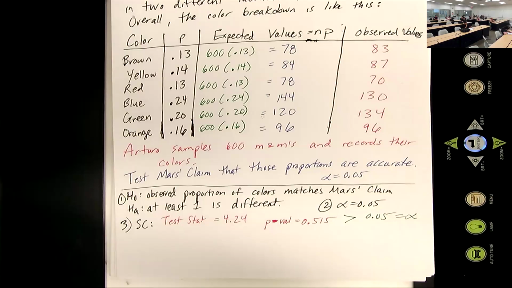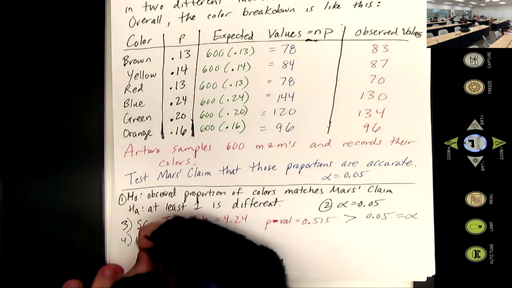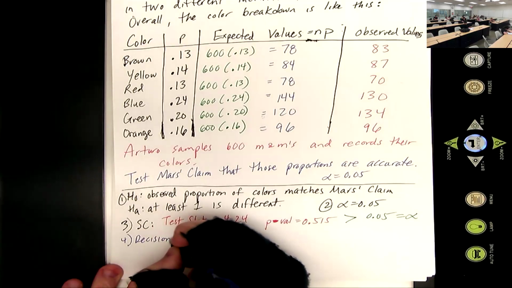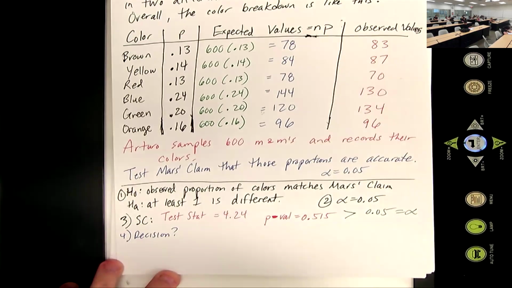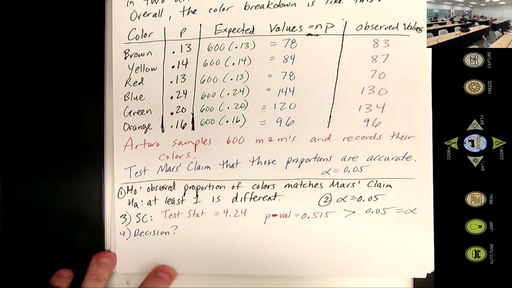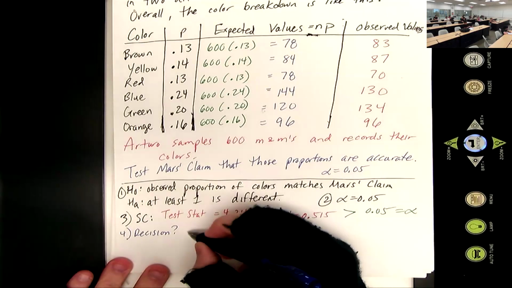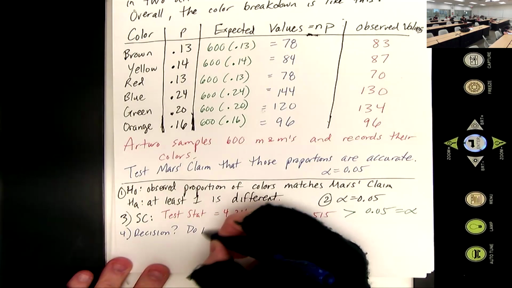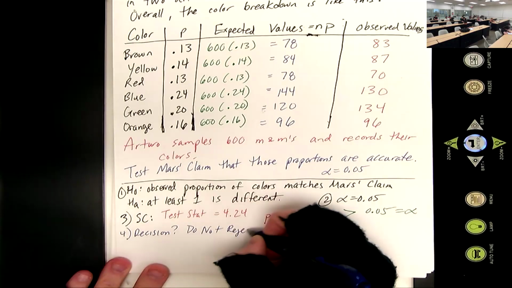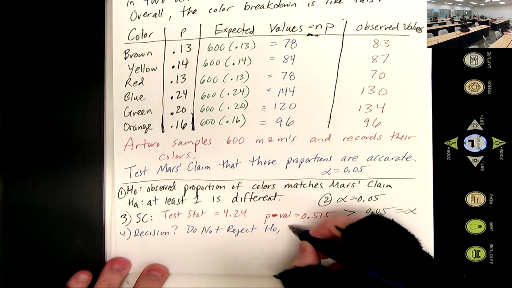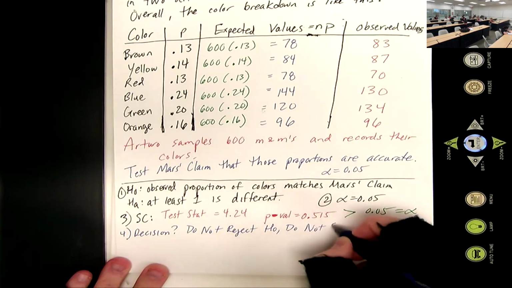What's our decision? The p-value is not low, don't reject the H naught. Do not reject H naught. Do not support HA.